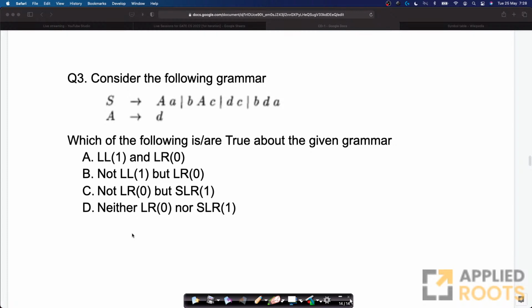I see almost every possibility being put in the chat window. The only way you can be 100% sure and you don't fall into the trap of the question is to draw the parse table.